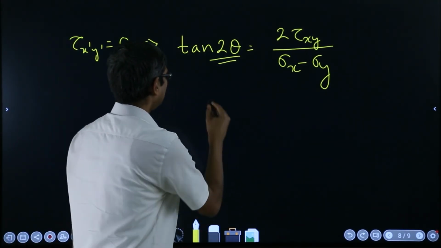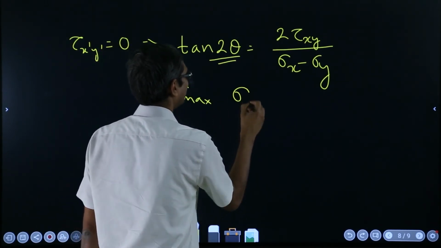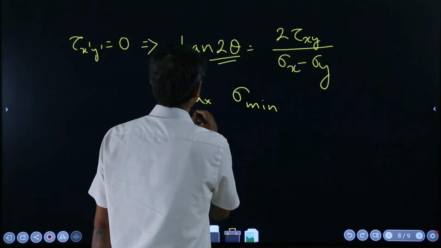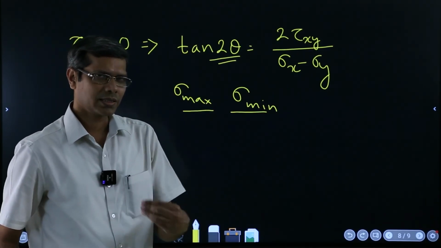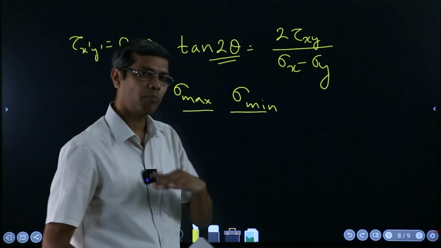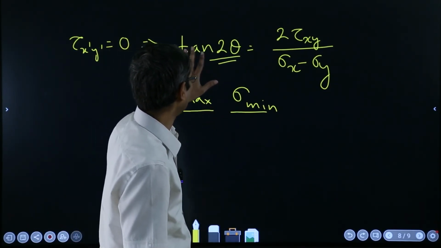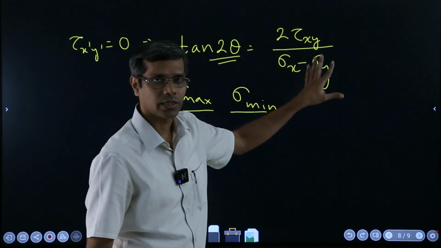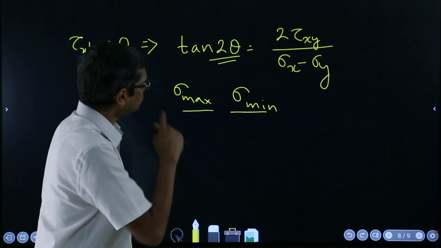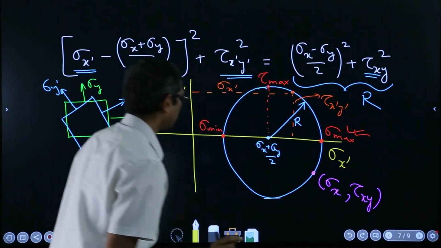That means, see, the sigma max and sigma min are the stresses which exist on planes which satisfy this condition, okay. It's a bit tricky, just think about it.